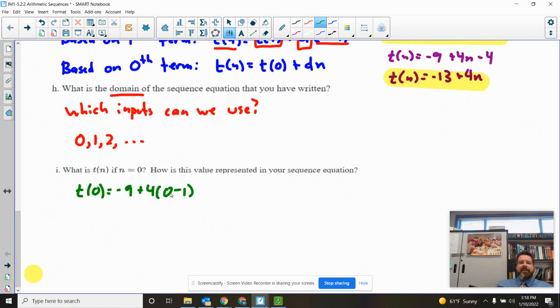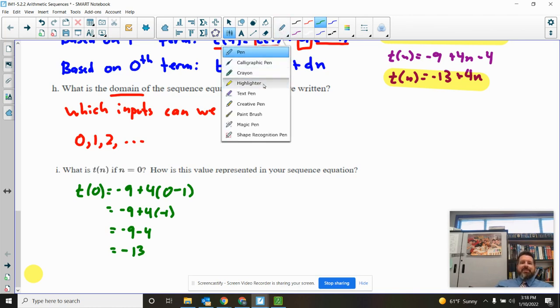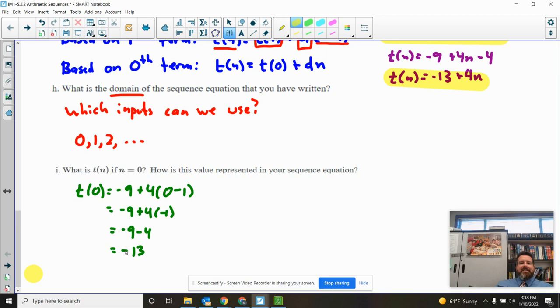Now let's simplify. 0 minus 1 is just -1. 4 times -1, we're doing the order of operations, is -4. And -9 minus 4 is -13. So the answer to the question, what is t of n at n is 0, is -13.